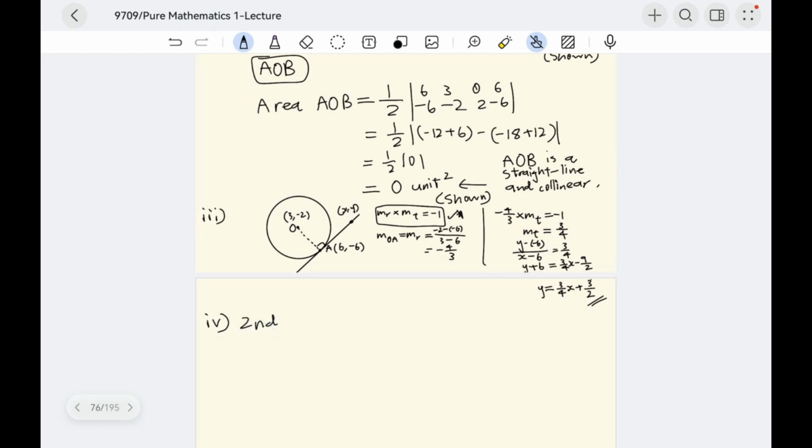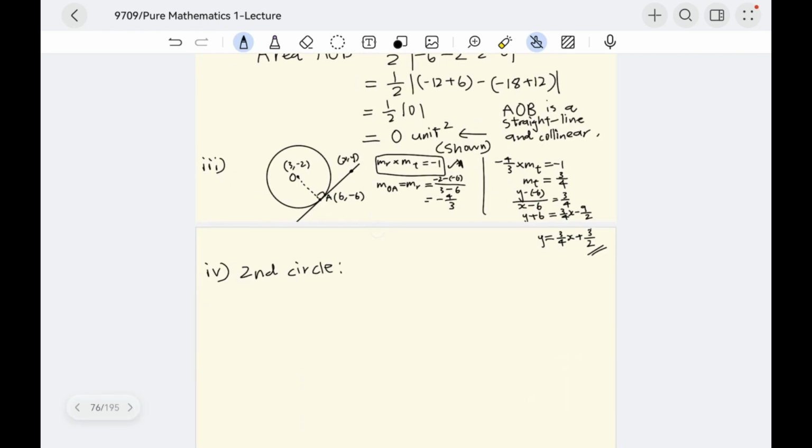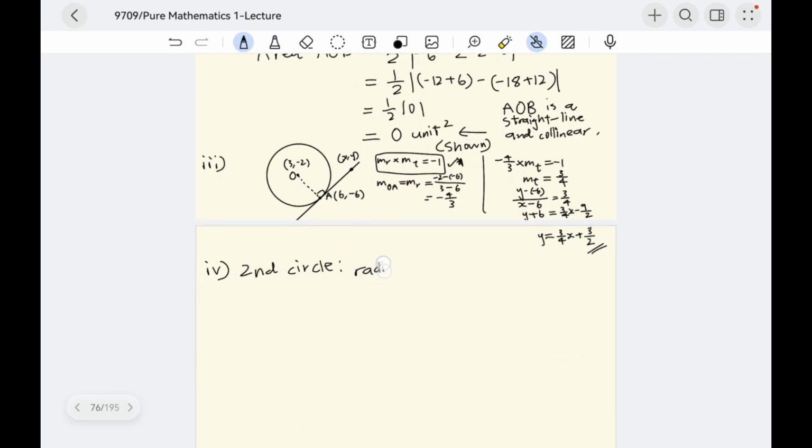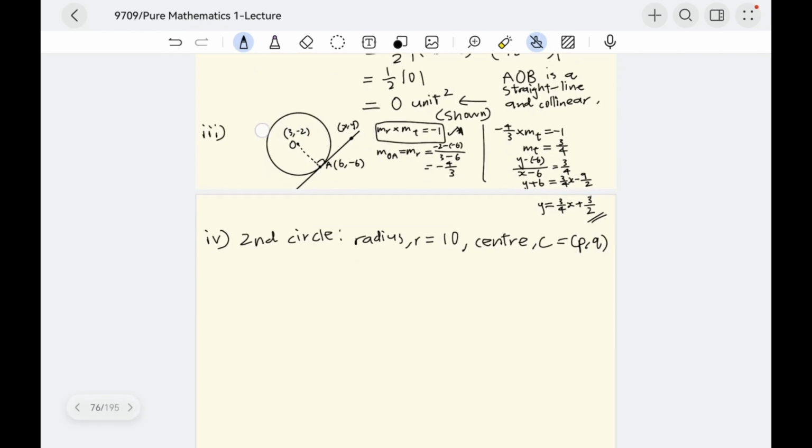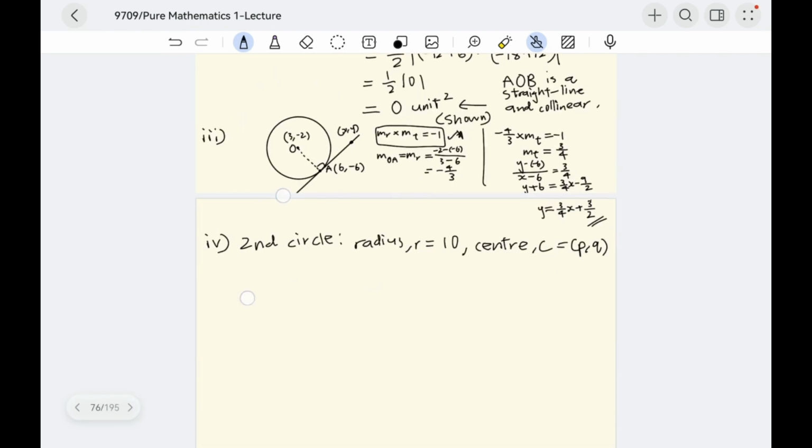From the information in the question, the radius of the second circle is 10. However, I don't know the center of the circle, C. So the first task for this part is to find the center of the circle. Let's label it as p, q.